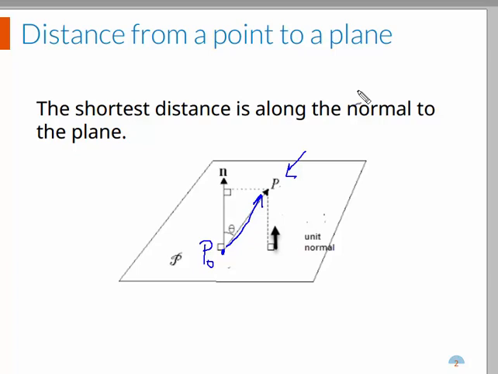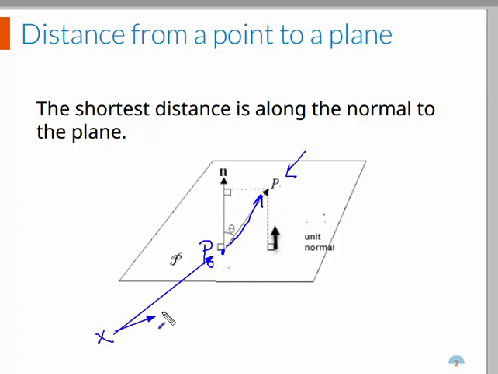Now we can recall what we usually do for trying to find a vector such as this. We draw a position vector from the origin of some coordinate system down here, and we draw this vector up to P0. So that's the origin, say, and here's the vector up to P0.